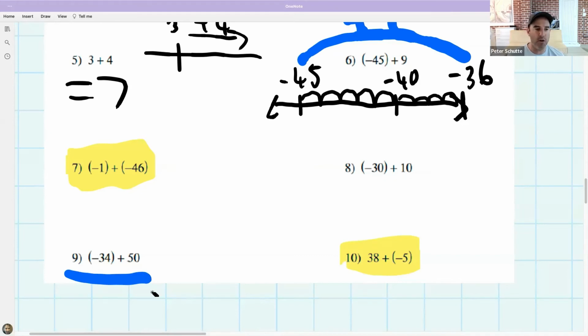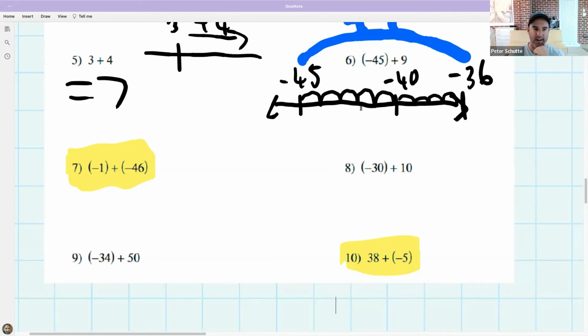Can I ask you to do number 8 and 9 now? I know I said I was going to give you a break, but I just want to finish 8 and 9 and see if you can get the answers for 8 and 9. And then we're going to do a brain break. We're going to stand up and do a brain break. So what's the answer for 8?